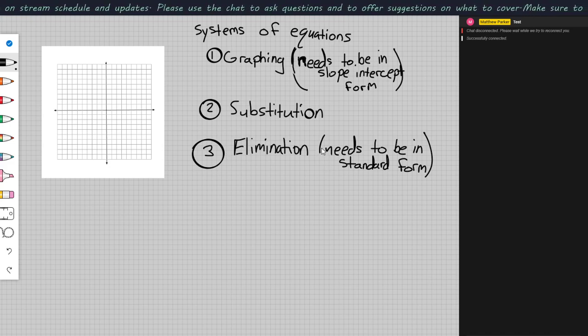It depends on whether you need to change the sign or not. If you need to subtract, the signs are the same and the coefficients are the same. If you add, the coefficients are the same and they're opposite signs, so you're good.